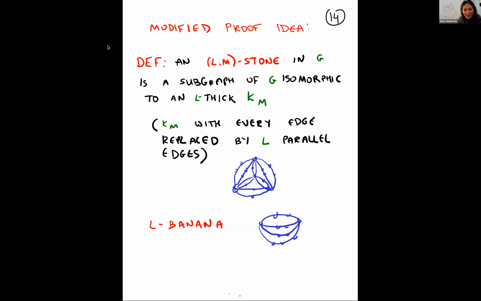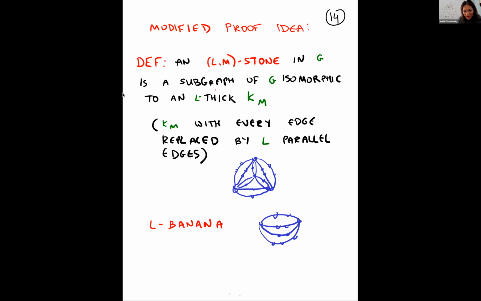And I now realize that there's a word subdivision missing somewhere. So you take the KM, you replace every edge by L parallel edges, and then you take a subdivision. And that's what an LM stone is. So it's a subgraph which is a subdivision of the complete graph on M vertices, where every edge is replaced by L parallel edges.